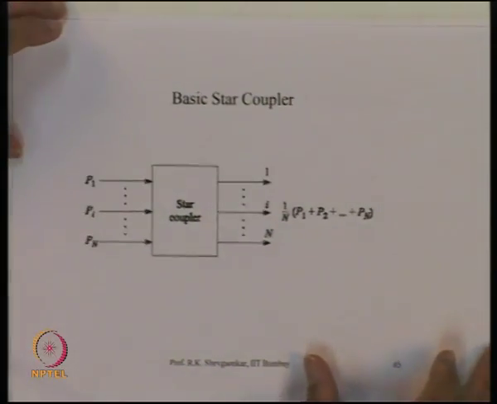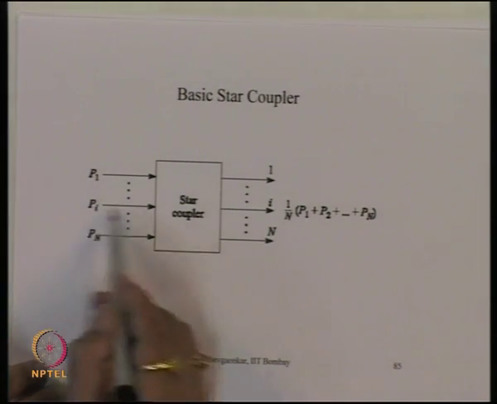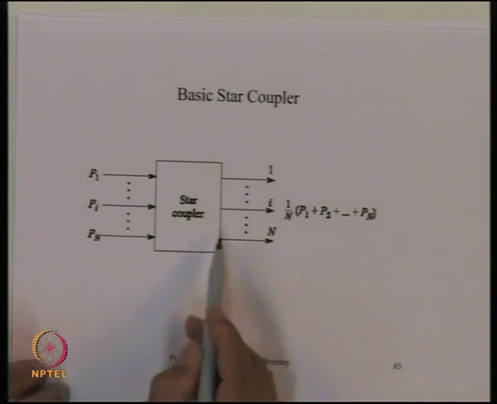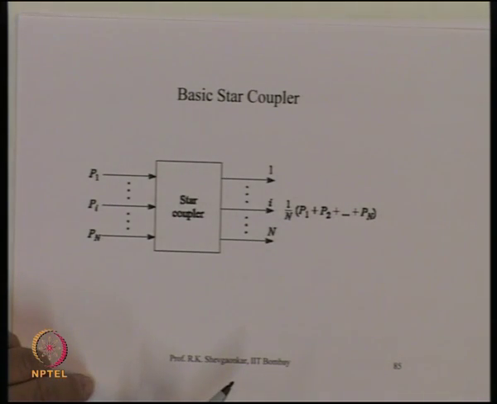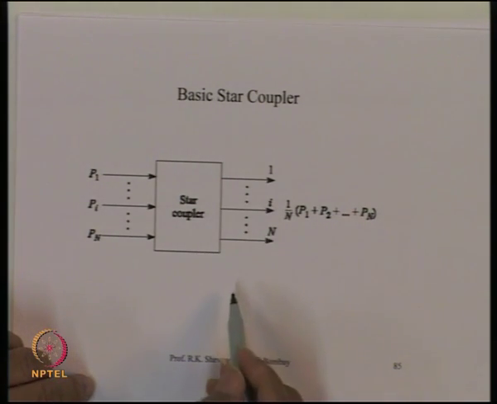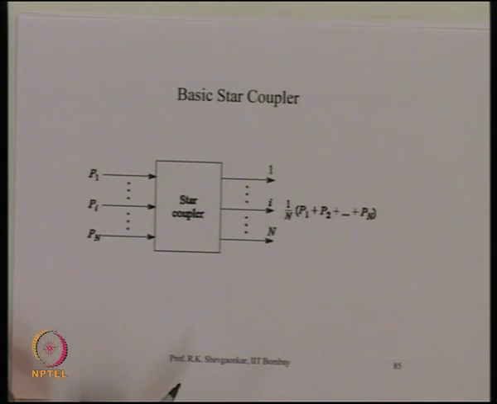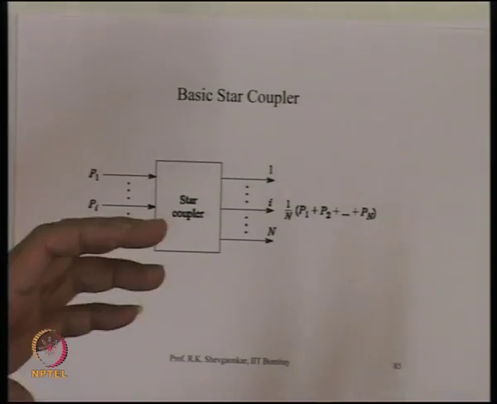Schematically, one can show this device as something like this. You have a star coupler here, and there are some n channels which are coming in, and the power is distributed to all of them. But now, since the same power is distributed to all the people, each channel would receive 1/nth of the power. So, in fact, there is going to be a limitation on how many fibers you can fuse together, because you will require at least a minimum power in each of these channels to get proper detection of the signal.